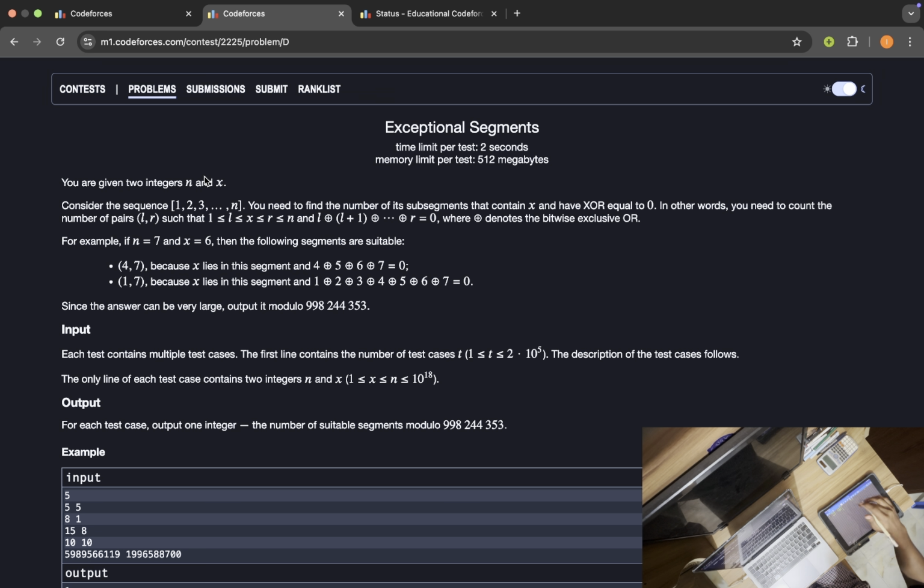I have to choose L R. L R, okay. Value can be huge. For sure, some power factor is working here.